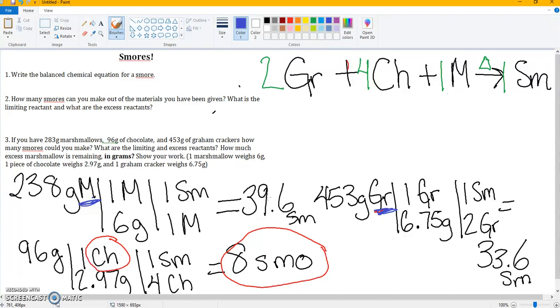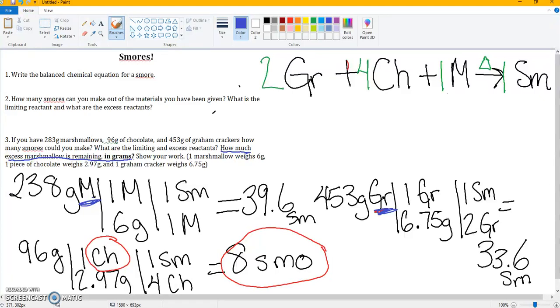So how much excess marshmallow is left over? That's the question I'm working on right now. So I need to find out how much excess marshmallow is remaining in grams. So let's think about this. How would I find out how many marshmallows are left over after making a s'more?